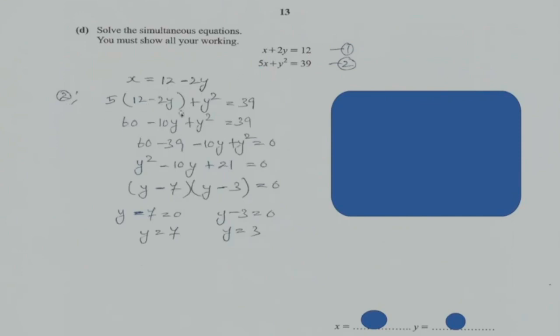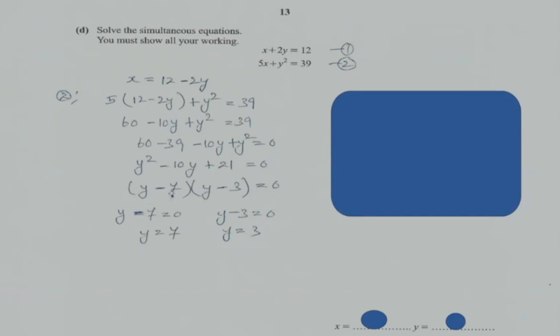X means 12 minus 2y plus y squared equals 39. So we can simplify this. 60 minus 39 minus 10y plus y squared equals 0. Then y squared minus 10y plus 21 equals 0. So we can factorize this like this.